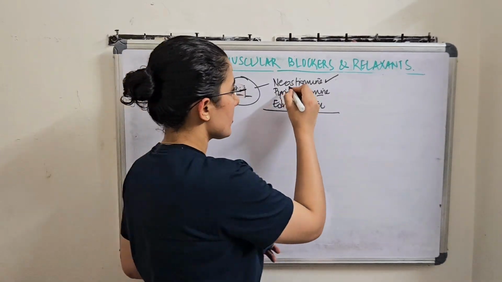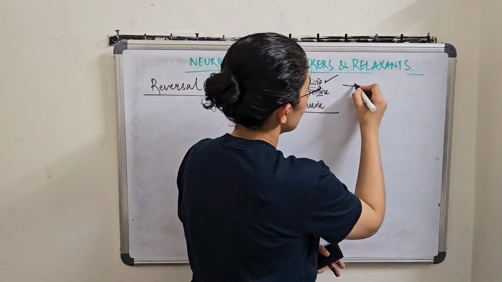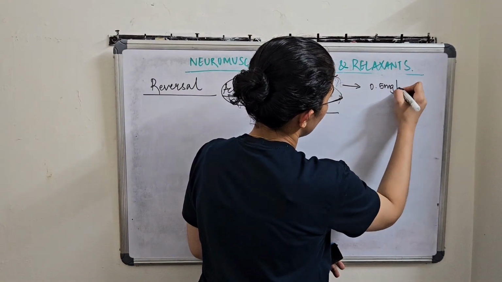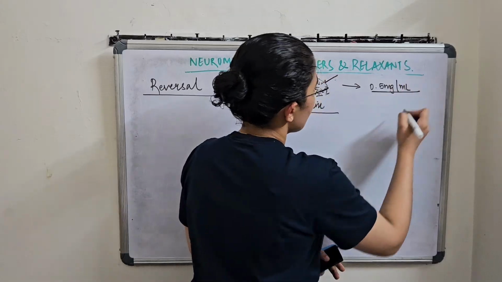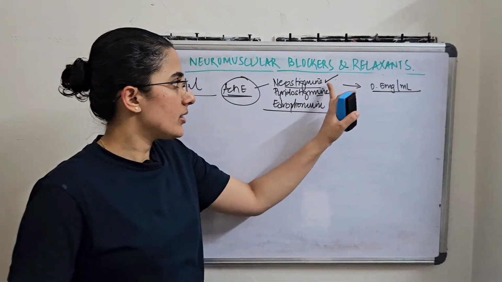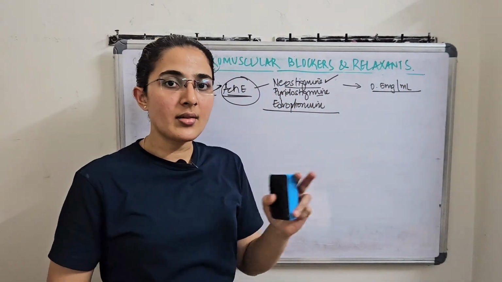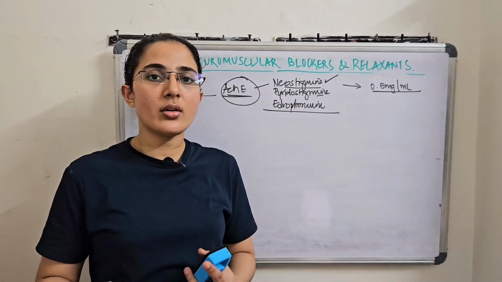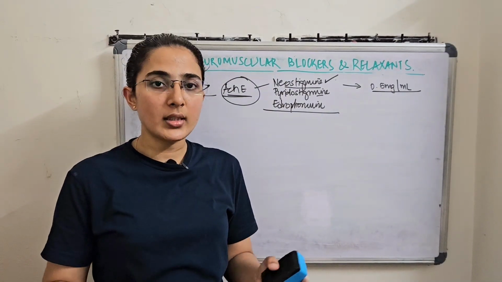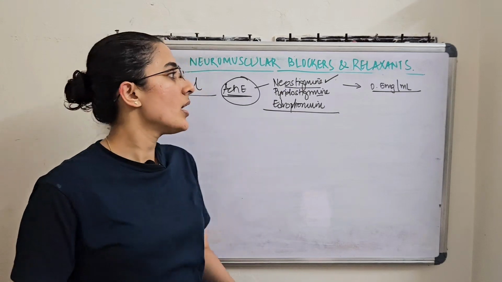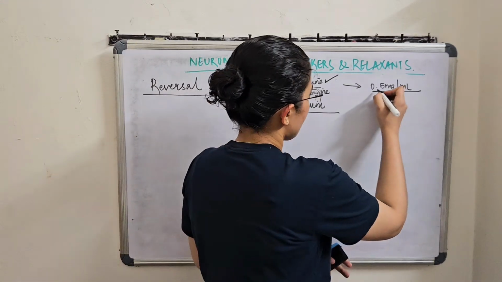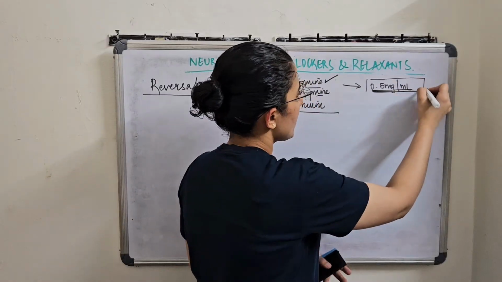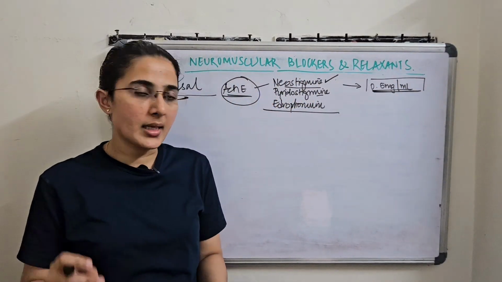So coming to neostigmine, the vial is available in the form of 0.5 milligram per ml. Okay. So it will be available in this dosage in our everyday vials if you notice. Nowadays we get a combination of neostigmine with glycopyrrolate together in the same vial itself. But the conventional ones we used to get as 0.5 milligram per ml.